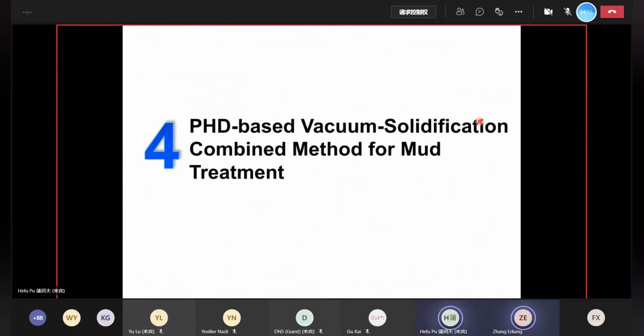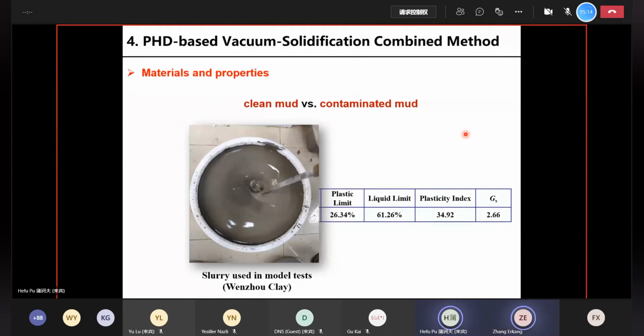So in section 4, I will present some PhD-based vacuum and solidification combined method for mud treatment. In this case, on top of the vacuum preloading, we add in a solidifier to further increase the strength. This is the mud slurry that we use.